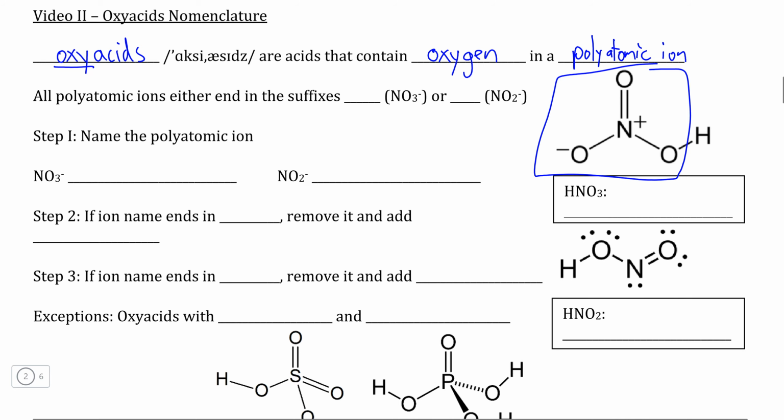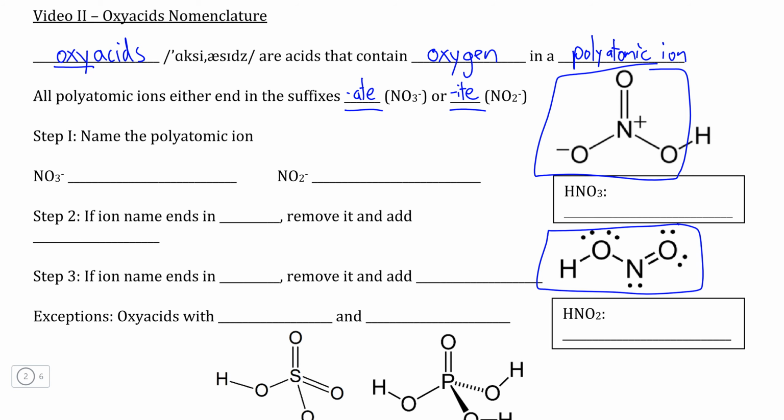So we can see that the polyatomic ion could end in ATE as in nitrate, but we can see this acid is based on the polyatomic ion nitrite, which ends in ITE, and this distinction, whether it's an ATE polyatomic ion or an ITE polyatomic ion, is the critical difference when it comes to naming oxyacids. In fact, this is the first step.